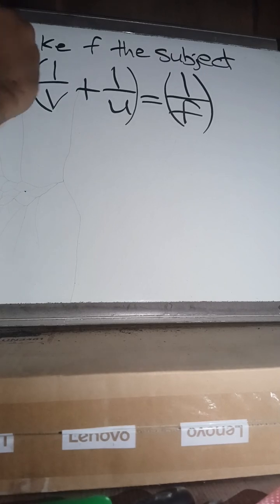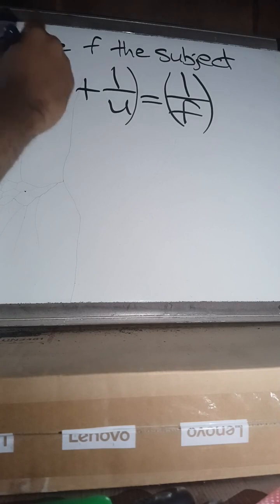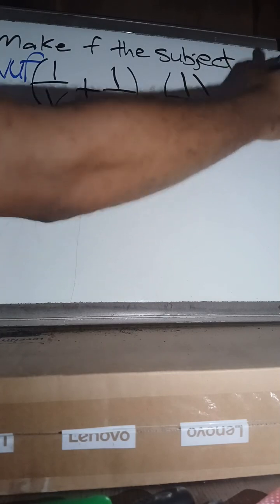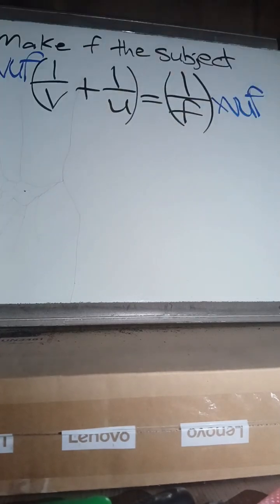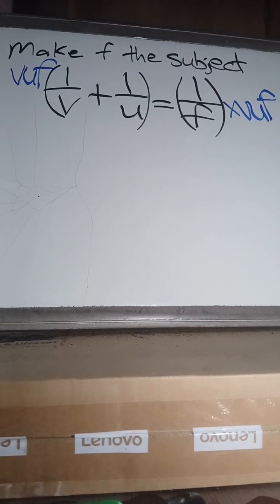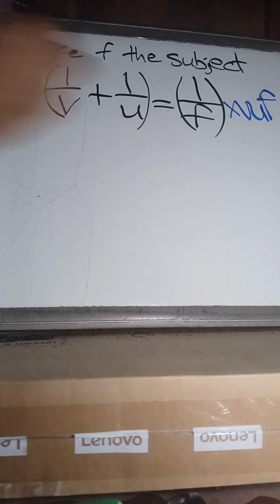And then multiply this by VUF. Now, after this, you start cancelling a few things, right?